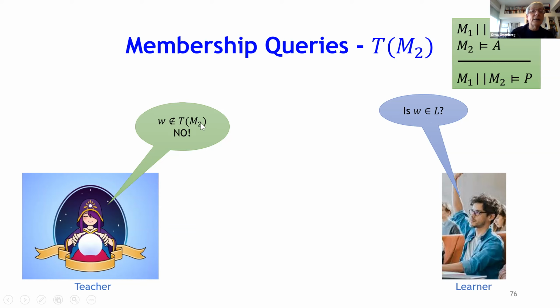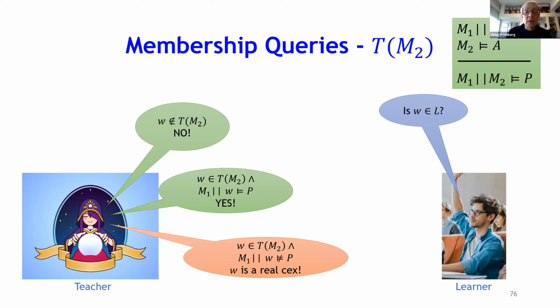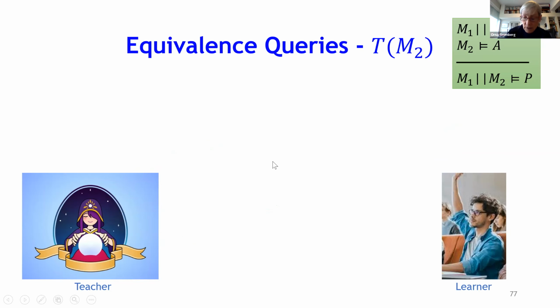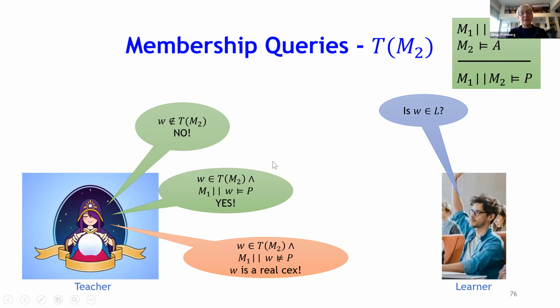If this word is not part of the sequences in M2, then it says no. If it is part of M2 and together with M1 it satisfies P, then this is a good word that we want in the assumption and we say yes. Otherwise, it is a real counterexample and we can go directly to repair.